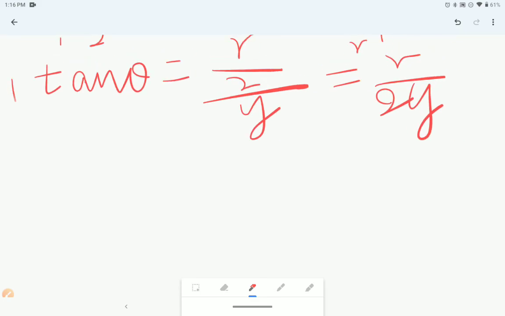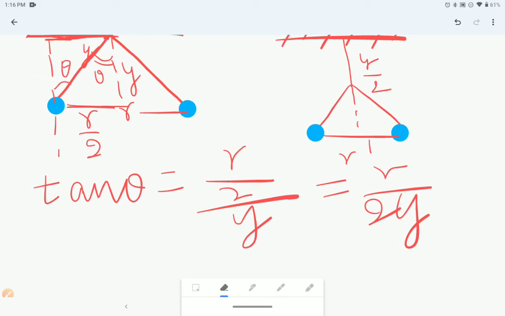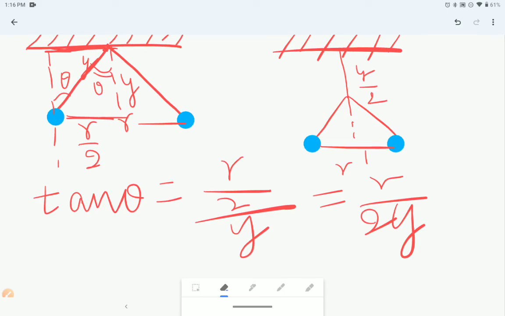In the free body diagram, this is the tension FT, this is mg, and this is the repulsive force, which is kq square upon r square.